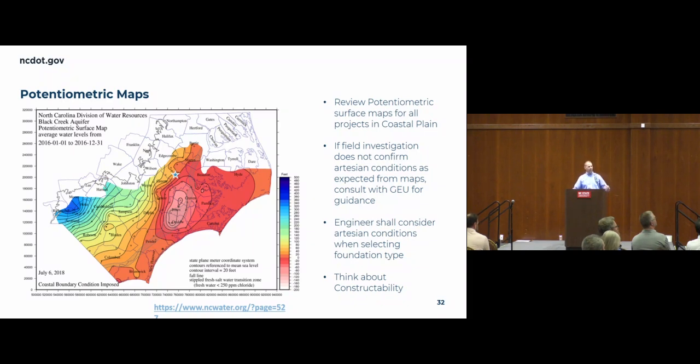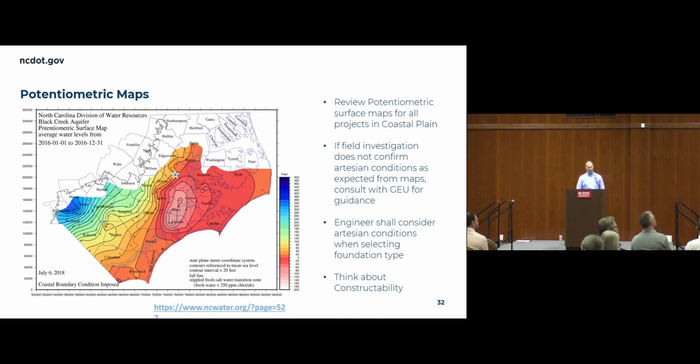That's basically the point: they need to be reviewing these maps, as the designer and as the driller, to anticipate what is expected and then do what it takes to make sure that is verified. If the artesians don't show up during the investigation and the potential is on these maps, then Geotech needs to be contacted to work through that and discuss what other investigation may need to be done to address it.